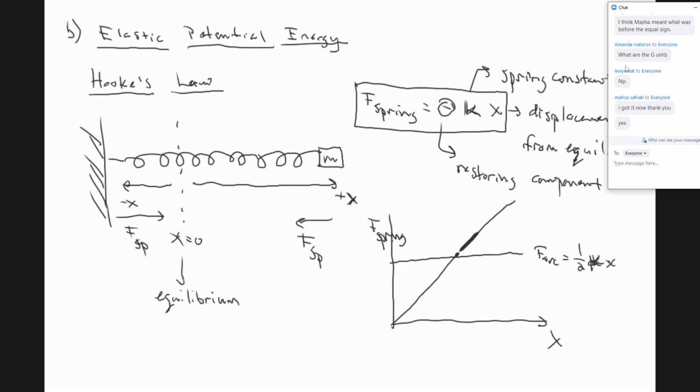And then if we multiply that by displacement, so elastic potential energy, PE elastic, is simply 1/2 kx multiplied by a displacement. So here's your average force multiplied by a displacement. That gives you work. That work leads to a change in potential energy of my system. So elastic potential energy is 1/2 kx squared. Okay? So this is the equation for elastic potential energy.